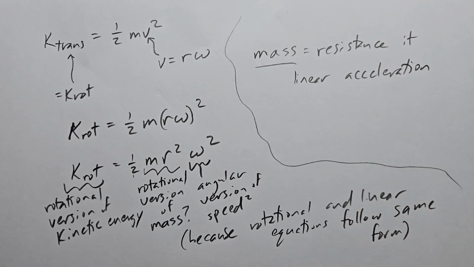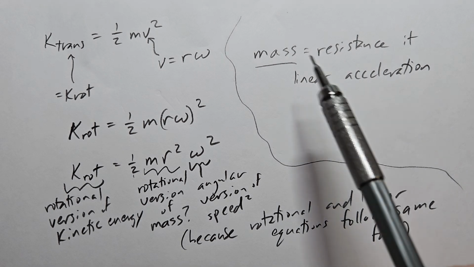And we see that in F equals ma. It takes more force to accelerate a larger mass the same amount. So mass, what it's actually physically describing, in addition to how much stuff is inside of an object, is how much resistance a given object has to linear acceleration.